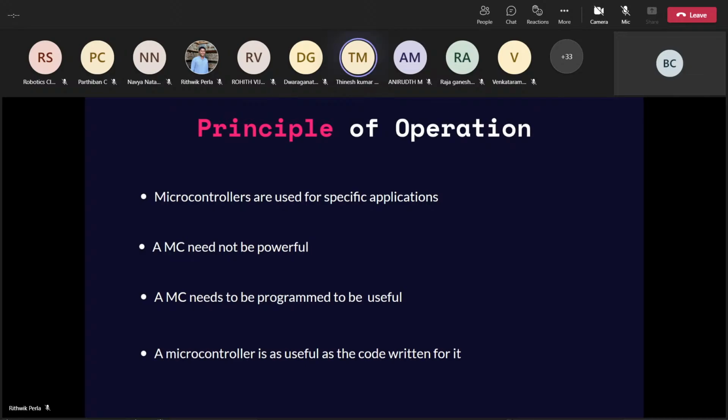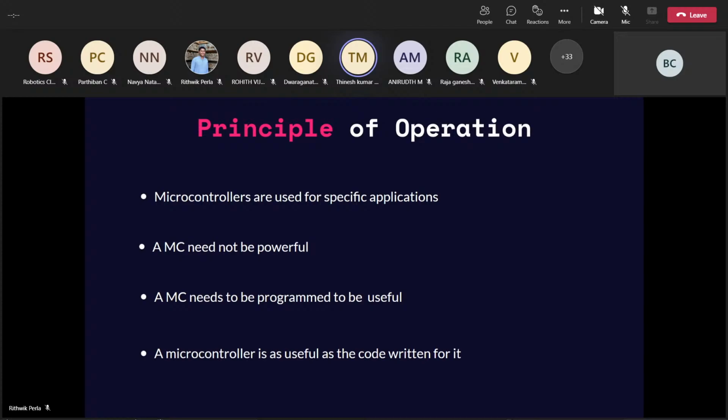What kind of applications do we use in laptops and mobiles? Can someone tell me? We play video games, we can browse, we can edit an image, a lot of things. We can do a video call.